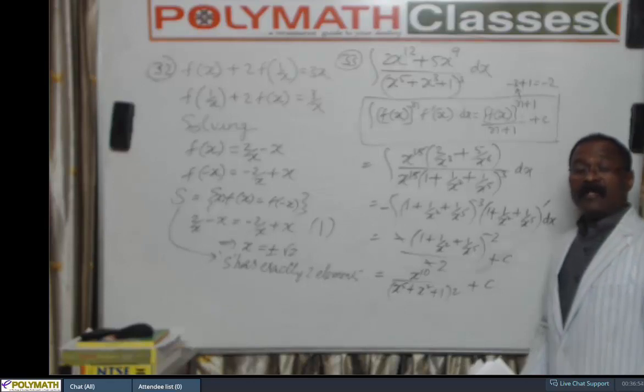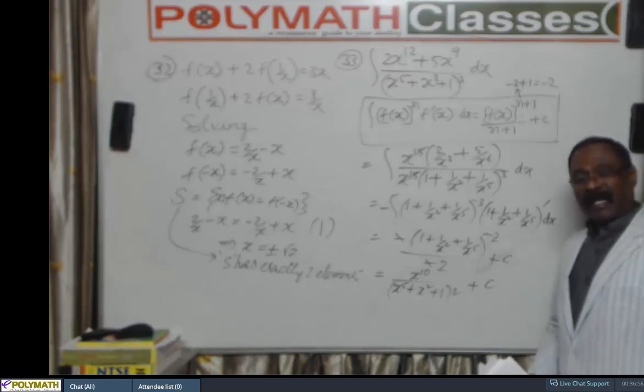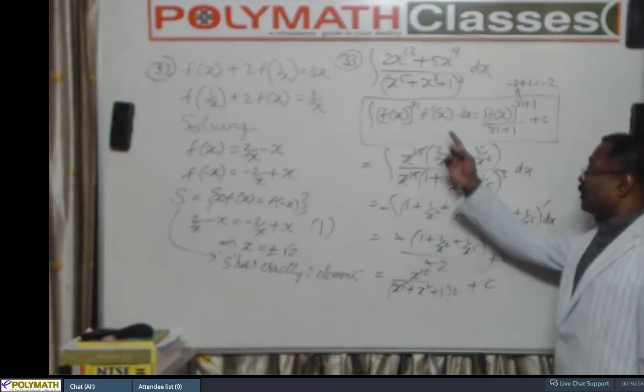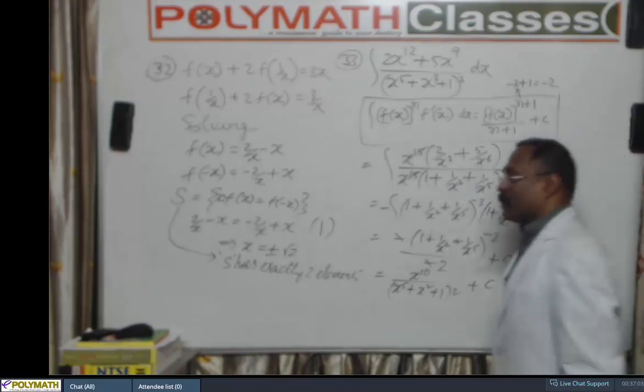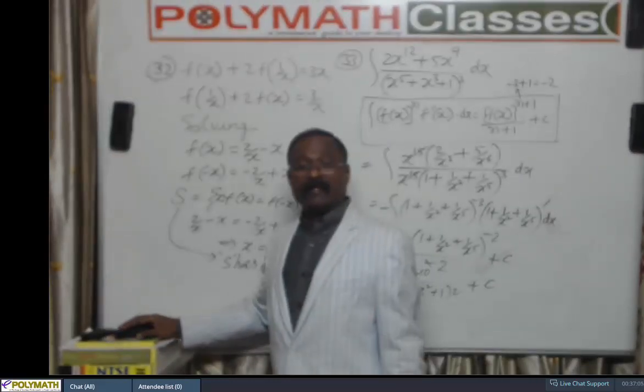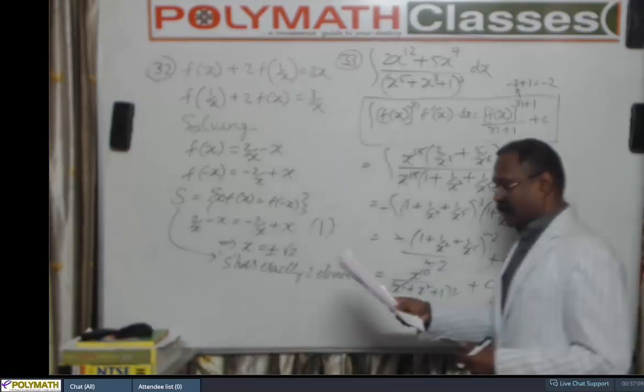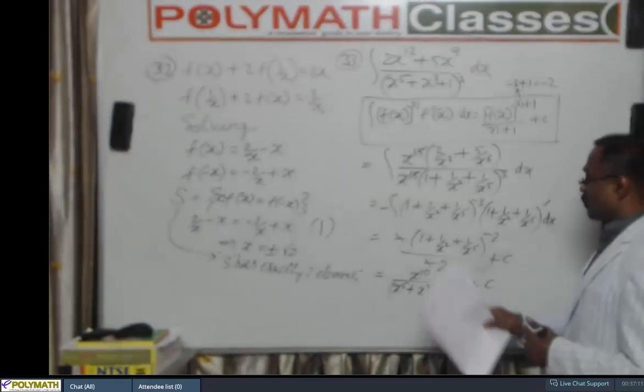So your idea must be found from the options in this type of problems, and if you get that idea, you may get the idea of applying this formula, integral f of x power n into f dash x dx. So let us see, the option in this case is the fourth option.